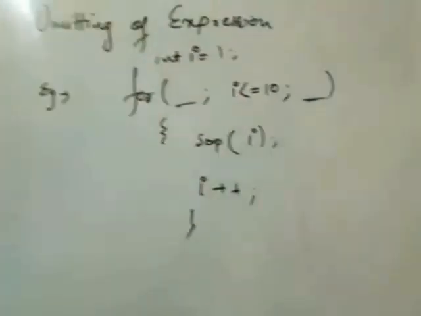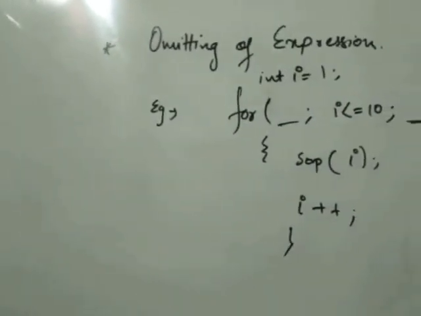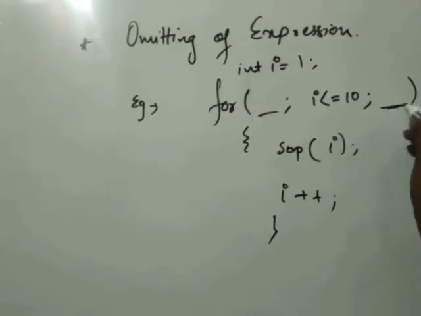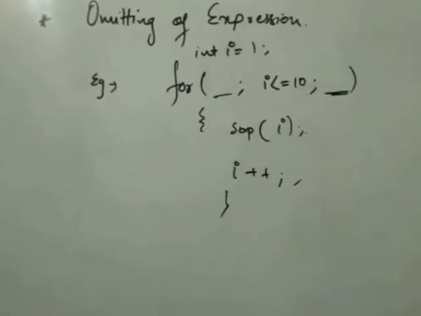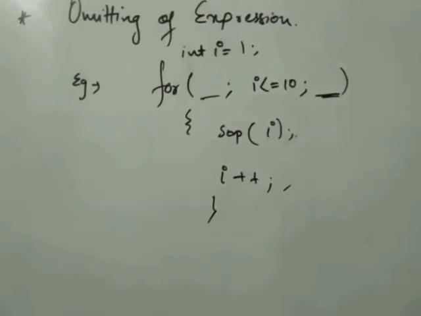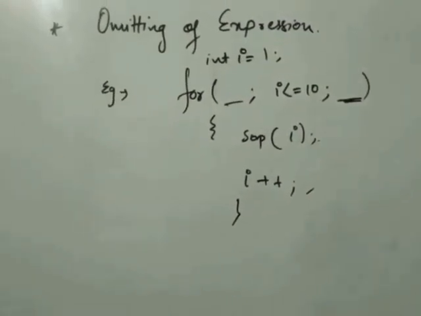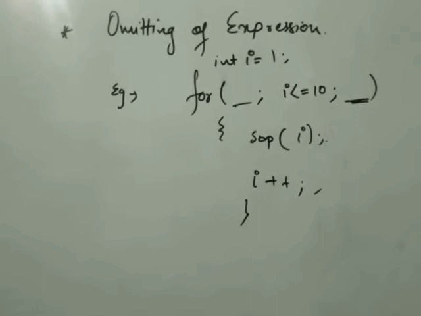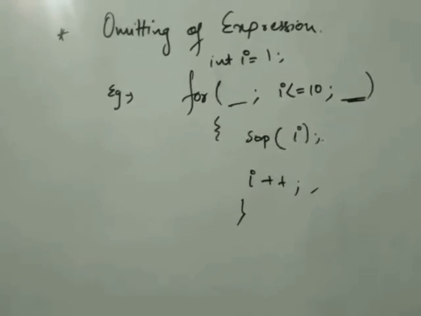The initialization step goes above the for loop, and the increment step goes after the statement, where it gets executed. So this is not a wrong way of writing it. If you see this in the exam, don't get confused that it is wrong.